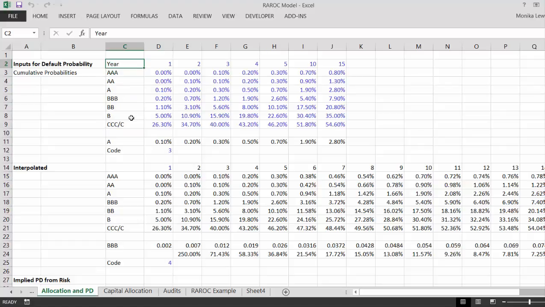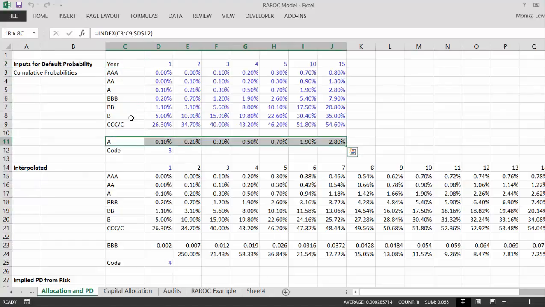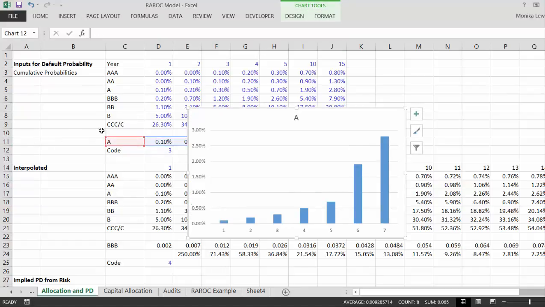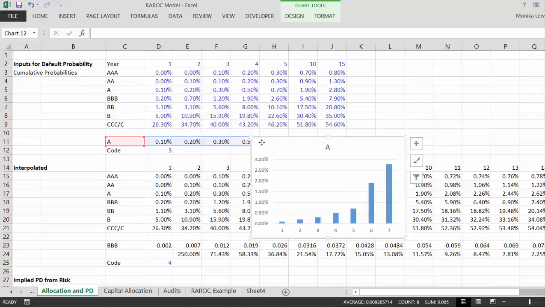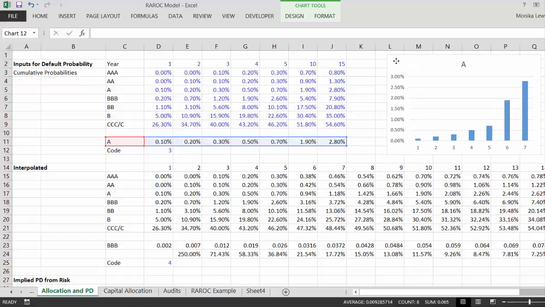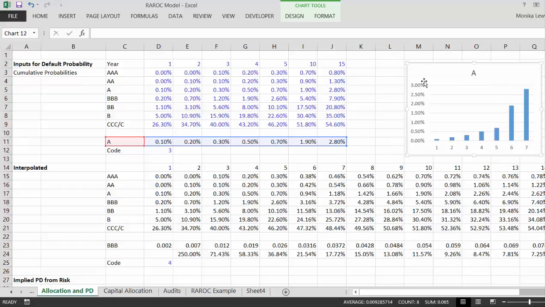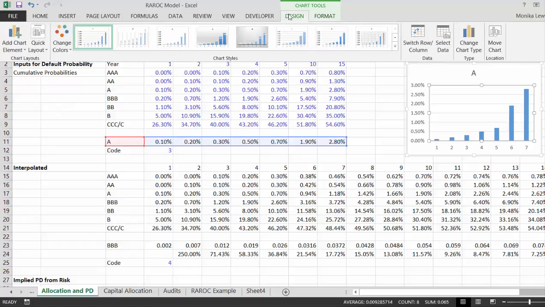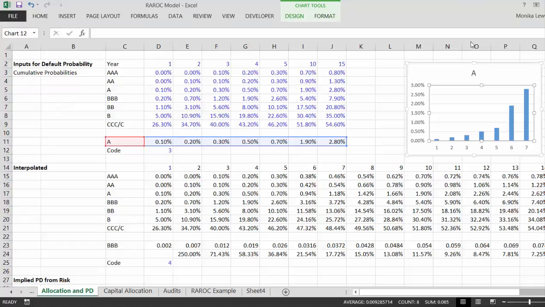Now, let's just make a graph like this. Alt F1, make it a little smaller, and okay, perhaps we can, I don't know, let's try to select a chart type.